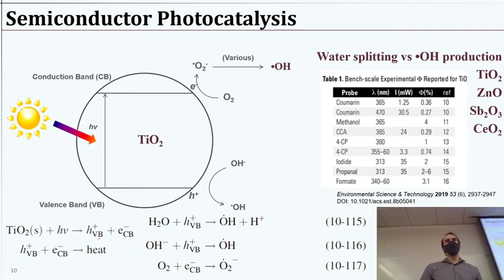This is very similar to what we do with solar cells, except that we limit what is touching them. We don't want any of these reactions because that'll degrade our solar cell. So we actually want it all in a very carefully controlled, no water, no oxygen type of environment. Then we harvest that conduction band electron and send that through our system.